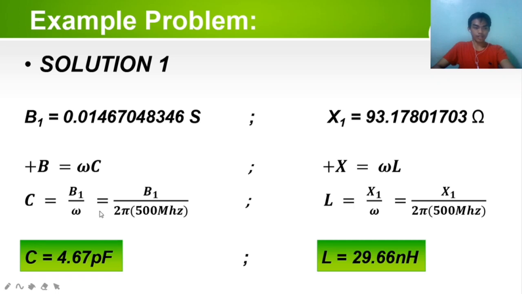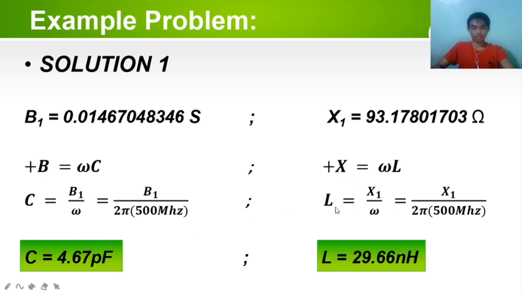The resulting capacitor is 4.67 picofarad. So this is now our final answer for the components in the L network.